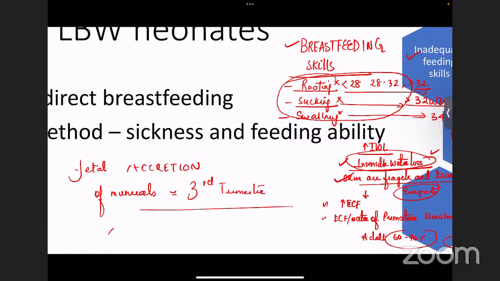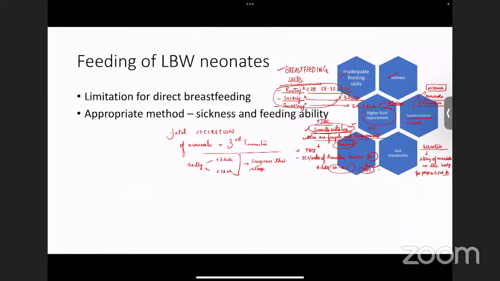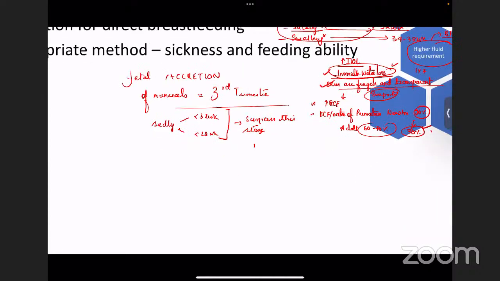Sadly, all babies who are born at less than 32 weeks, more specifically less than 28 weeks, surpass this stage, so there is no accretion. So they are highly deficient of these minerals.